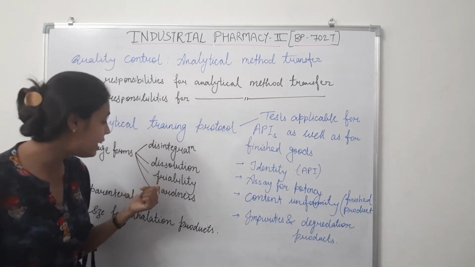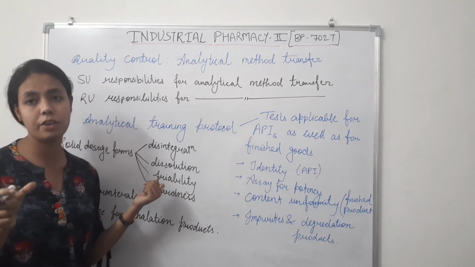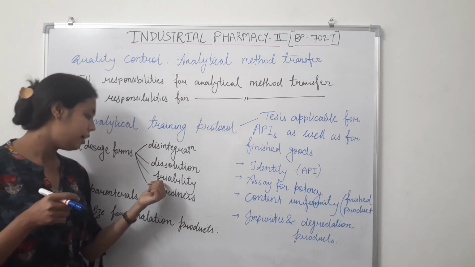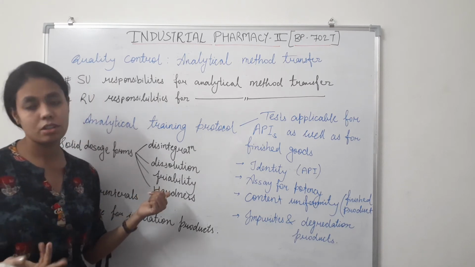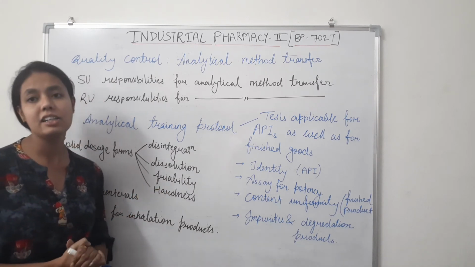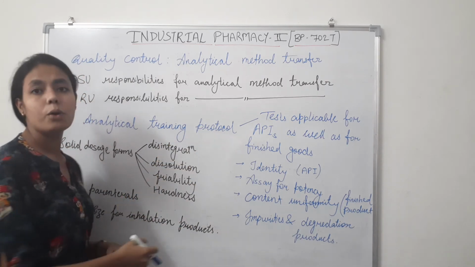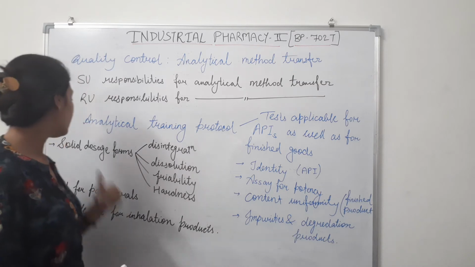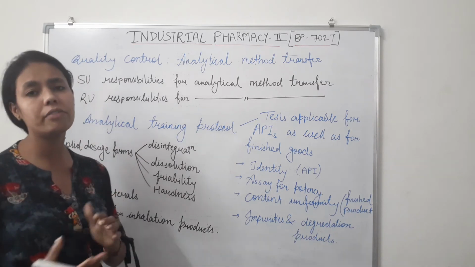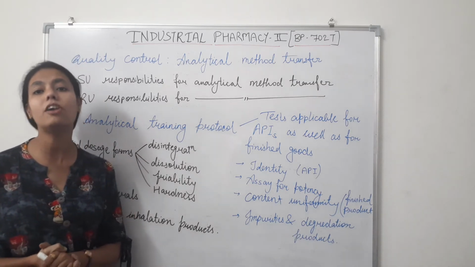Apart from that, thickness of the particular single unit dosage form, friability in case of tablet, and hardness also. These are all quality control parameters for a solid oral dosage form, or specifically in case of tablet.